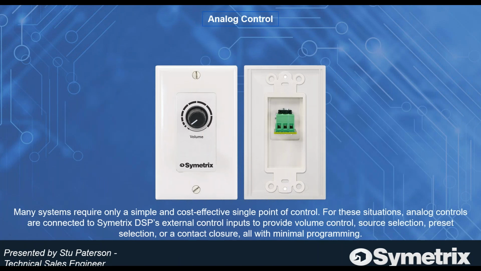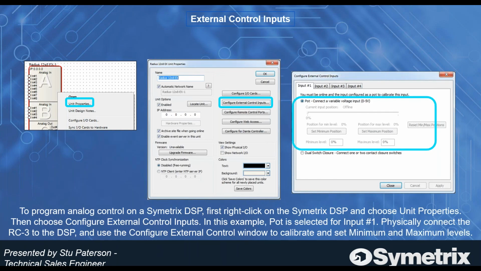So now the analog control. The analog control is simply that, analog, it's just a resistive pot. This is handy for controlling a volume, a default volume. So in DSP land, or in Symetrix land, any analog control takes precedence over digital.